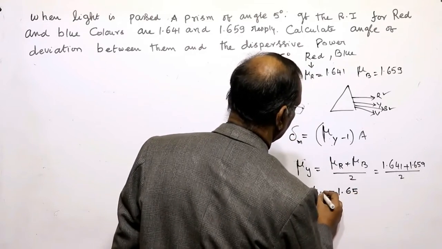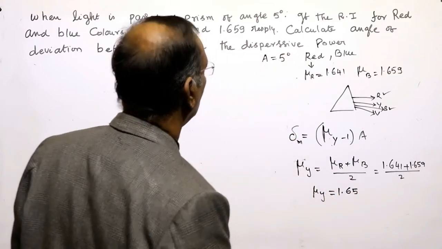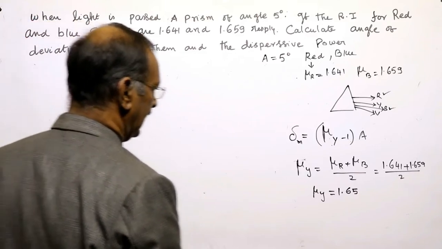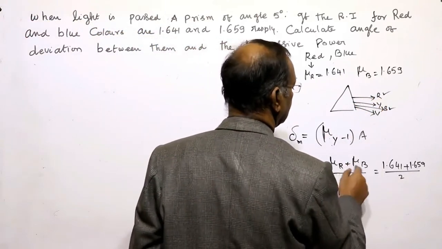The refractive index of yellow color is 1.65, the average of the given two colors, red and blue.